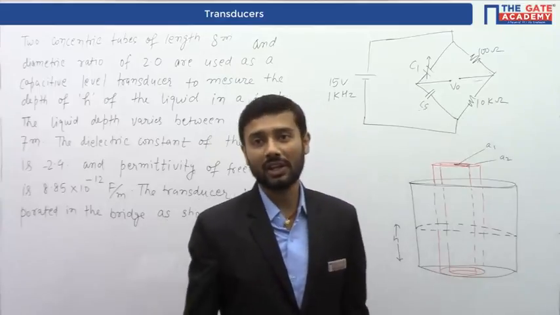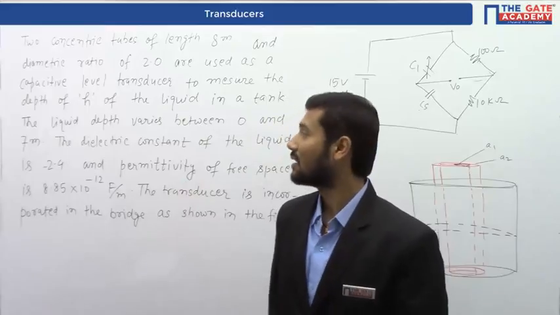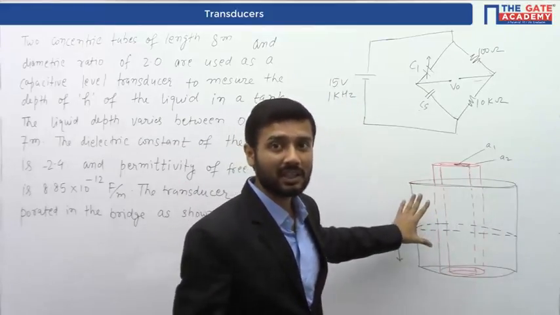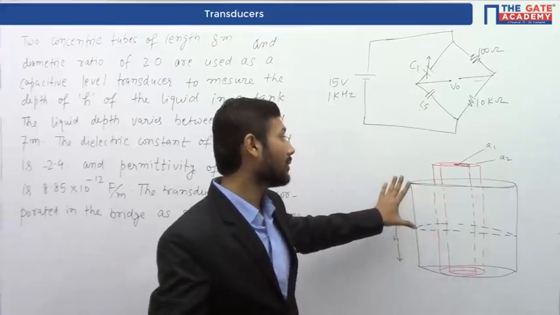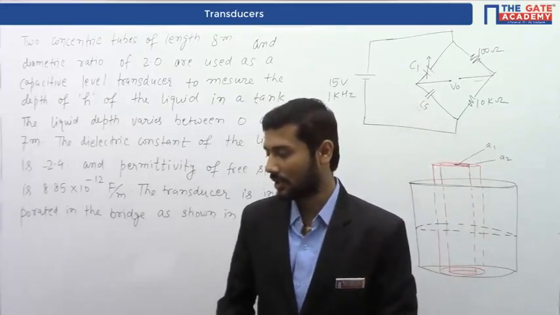So we are going to find the value of C1. First of all, we have to find the value of Cs, that is, when the tank is empty. So let us solve this question now.